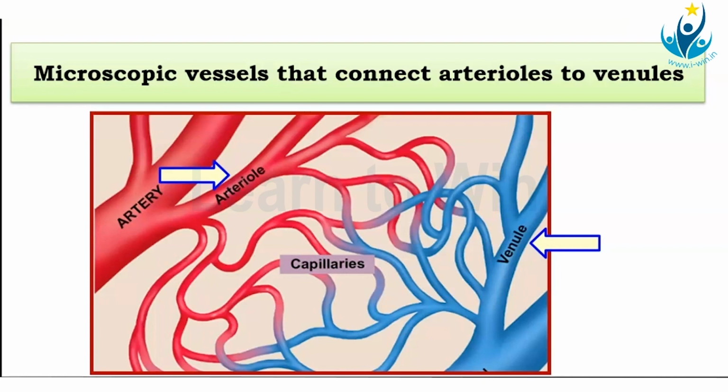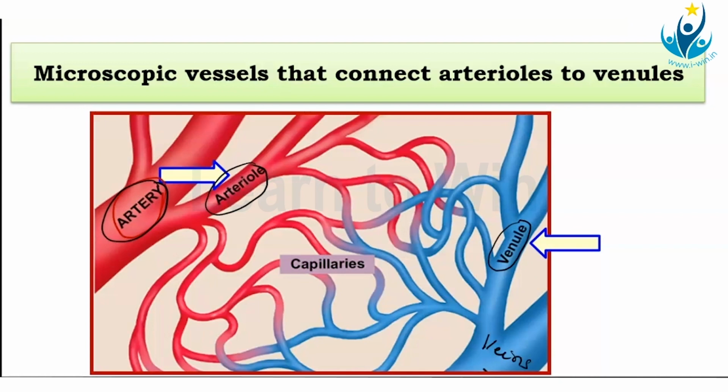If you remember, when we were talking about the branching, we said that the artery is the major one. It branches into narrow arterioles, and arterioles end with even narrower capillaries. Similarly, the narrowest capillaries open into venules, which further open into thicker veins.